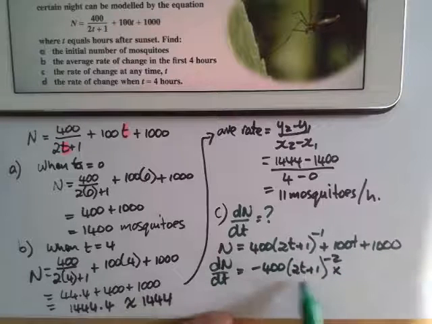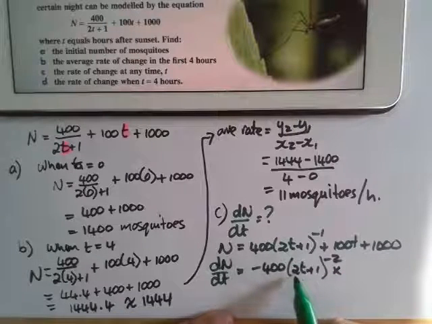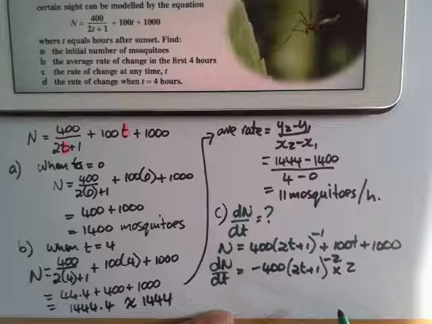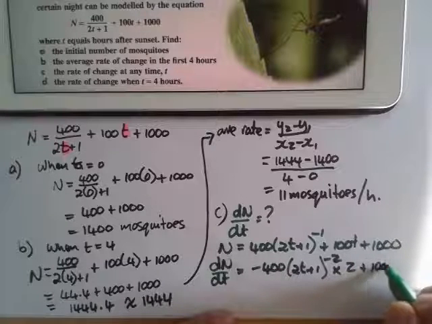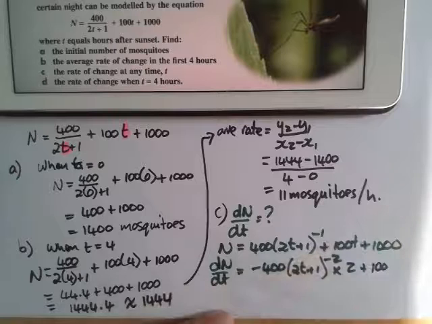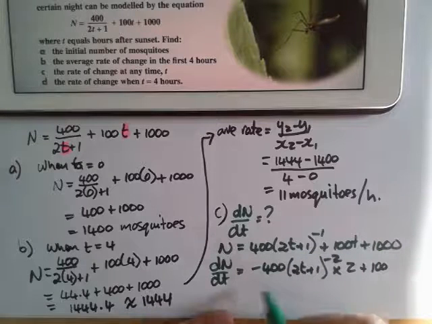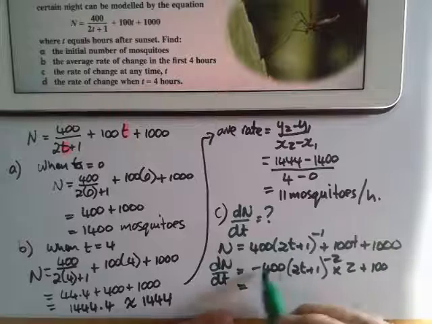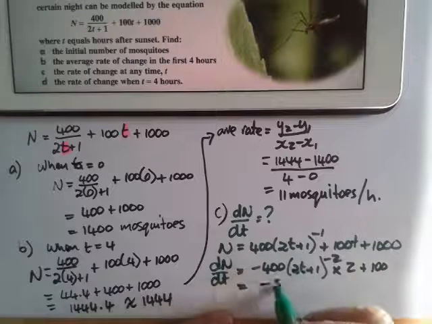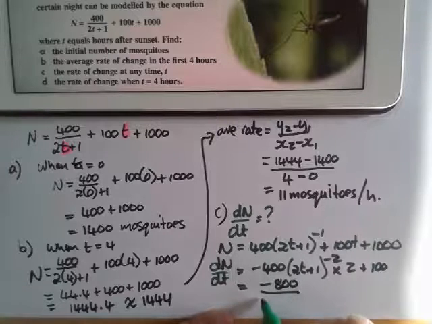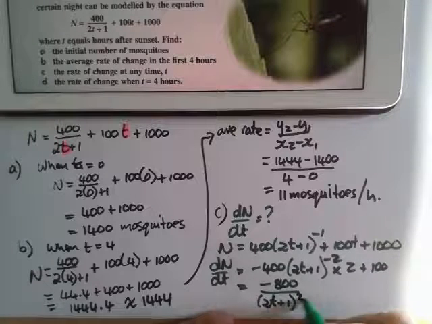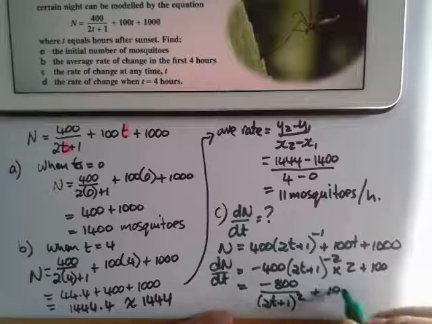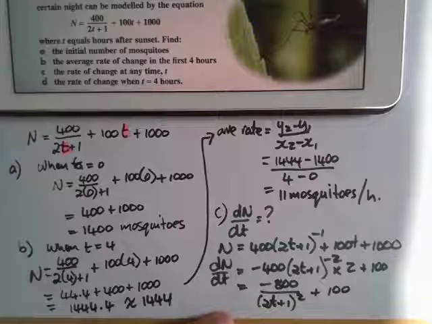And then I multiply by the derivative of 2t plus 1, and the derivative of 2t is 2, plus the derivative of 100t is 100. The 1 comes forward, the t falls away, so it's 100, and the 1000 falls away. This will give us now -400 times 2 is -800 over, that -2 goes underneath the line as 2t plus 1 squared plus 100. So that is the rate of change at any time.